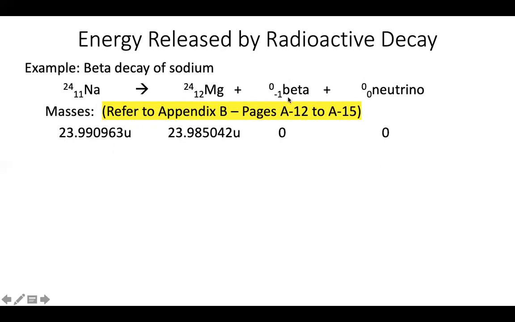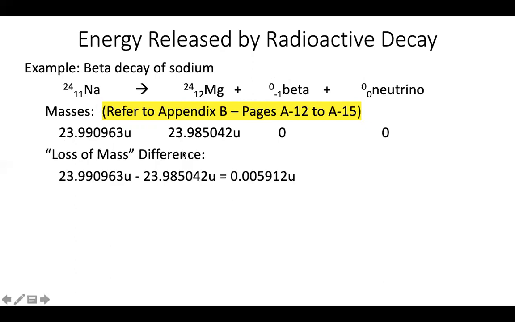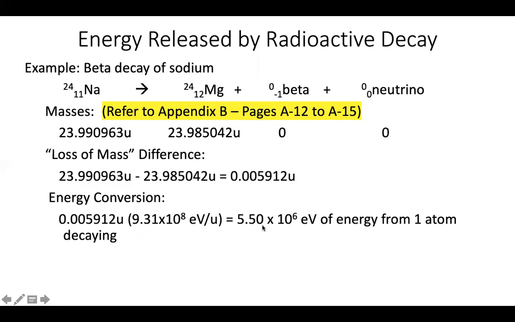A beta particle is massless. The neutrino is massless. And then we see that apparent loss of mass. It's smaller. And that apparent loss of mass gets converted into energy. Okay, just like before.